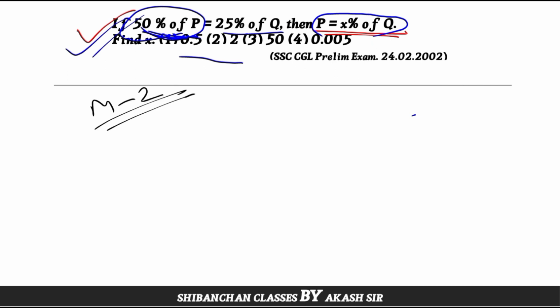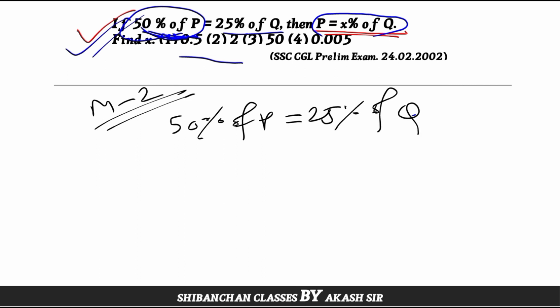Like this is applicable. How? Let's suppose what is given here, 50% of P equals 25% of Q. Now you tell me, 50% of P means half of P. If you want to make it 100% of P, what do we have to do? We have to multiply it by 2, and we also have to multiply the other side by 2.